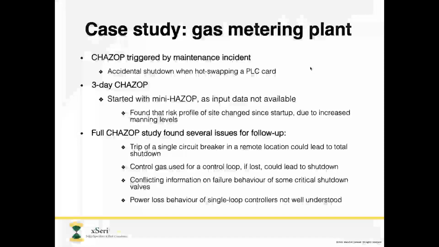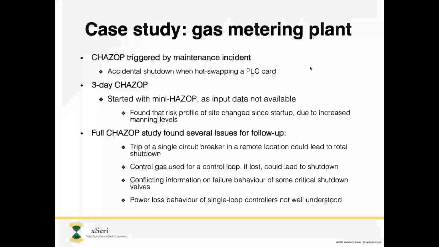So as a result, the safety consequences of potential hazards were higher than originally evaluated. So we actually had to back up and do quite a bit of reanalysis of their previous process hazard analysis. However, having done that, that then equipped us with the information we needed to go in and do the full CHAZOP study.